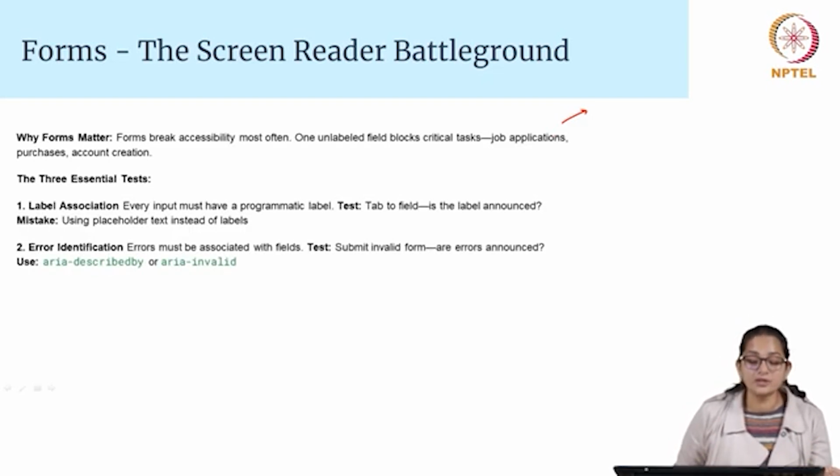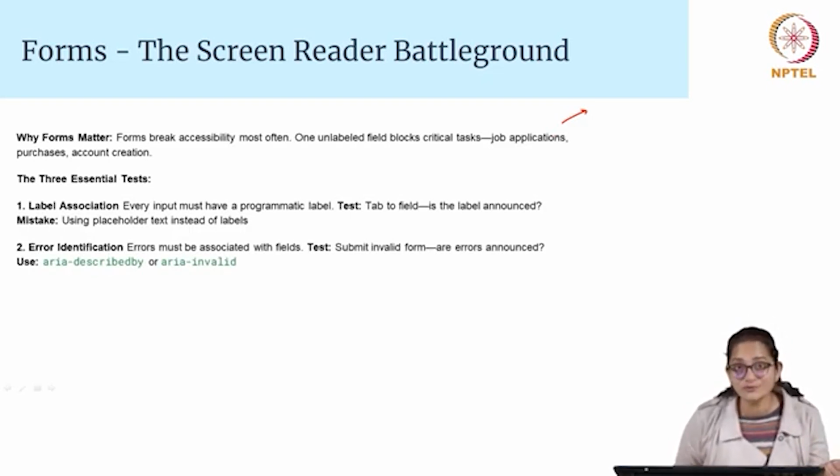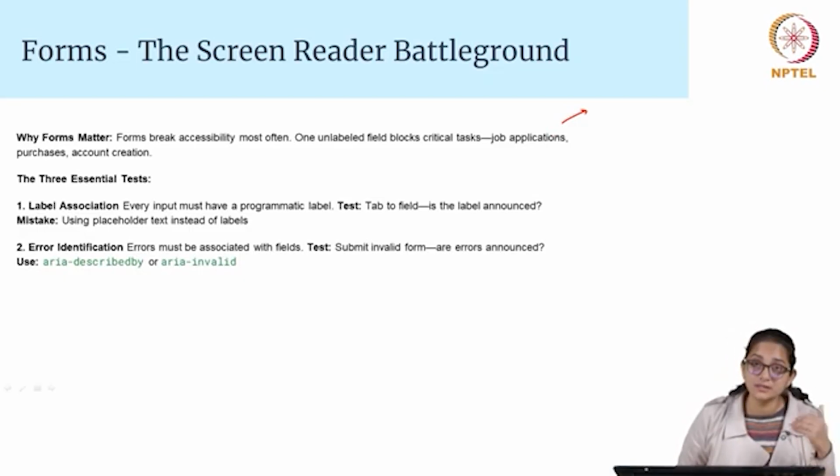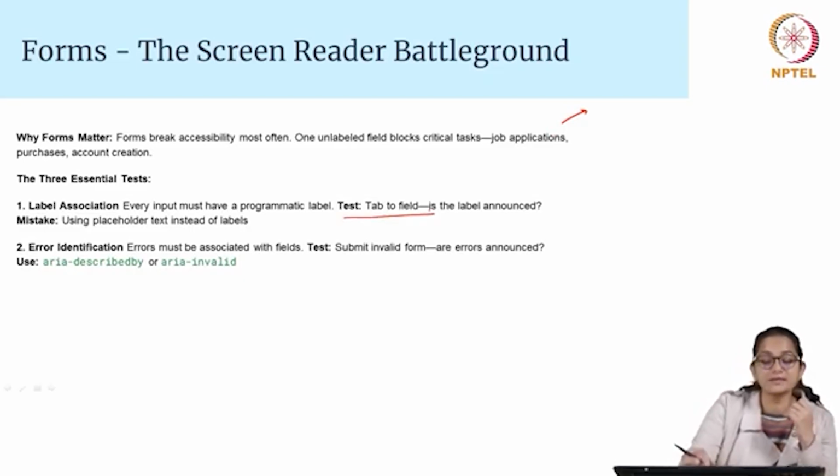Error identification, make sure you test for errors. So errors must be associated with fields. So the test is that you submit an invalid form. Are the errors being announced? Is the screen reader able to catch those announcements or not? So you have to test it like that.